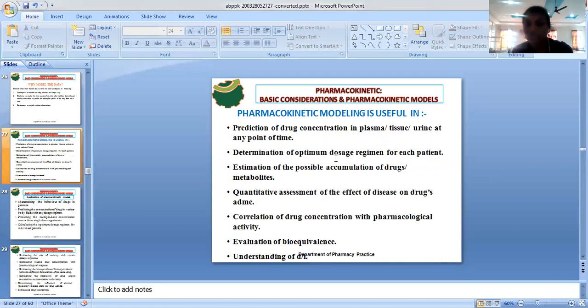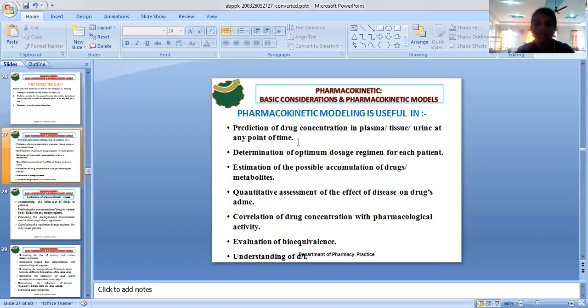The first is the prediction of the drug concentration in the plasma, tissue or urine at a particular point of time. Say you administer a particular drug through the appropriate route at 9 a.m. You can easily predict the concentration of the drug present in the tissue, urine or plasma at any particular point.